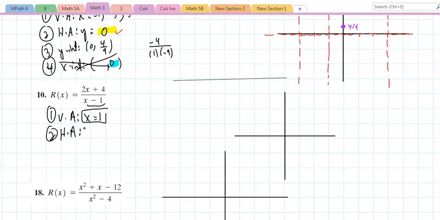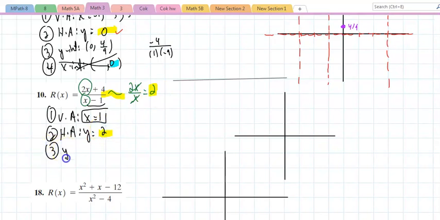Y equals 0? Not so fast, you guys. What dominates over the top? Isn't 2x the leading term? X. Do you notice those cancel out? Aren't you left with 2? And it's always y equal whatever comes out of this. And in this case, it happened to be a 2.